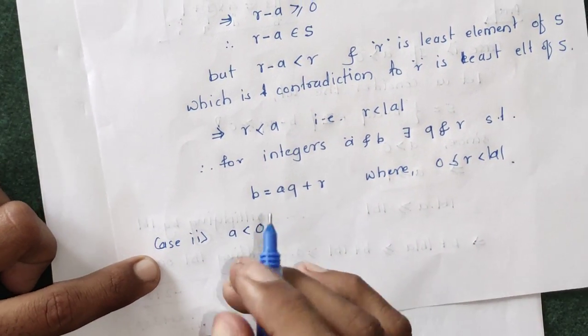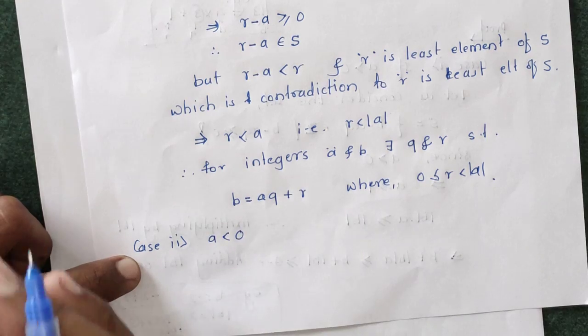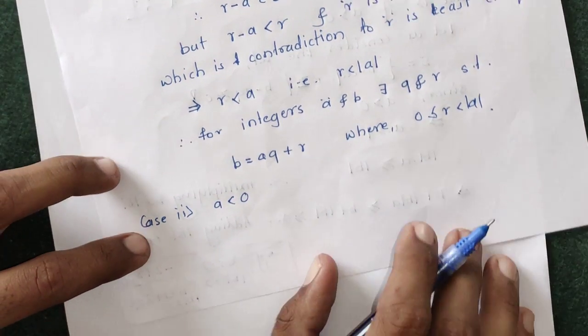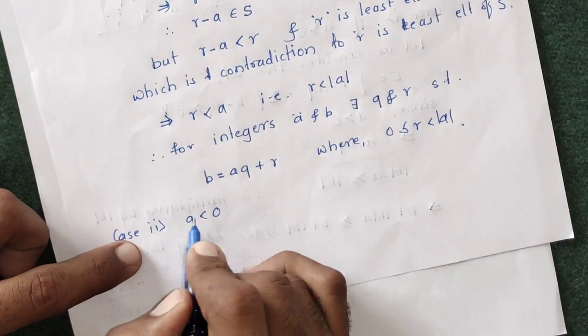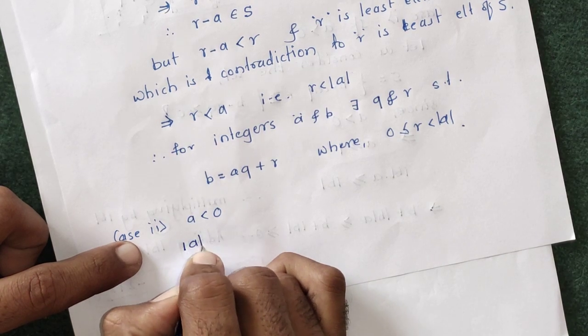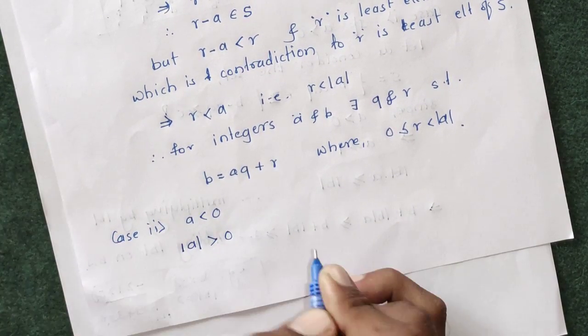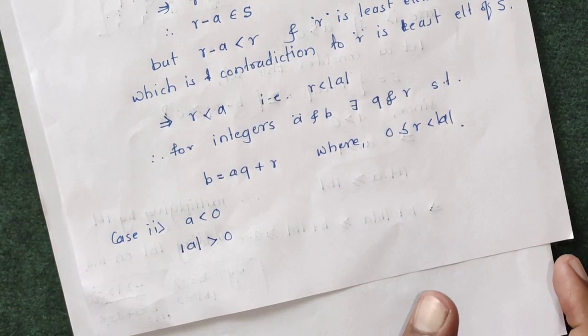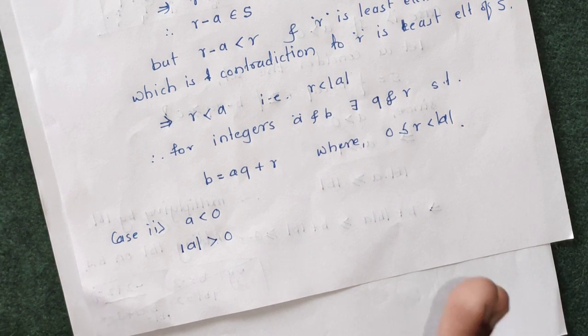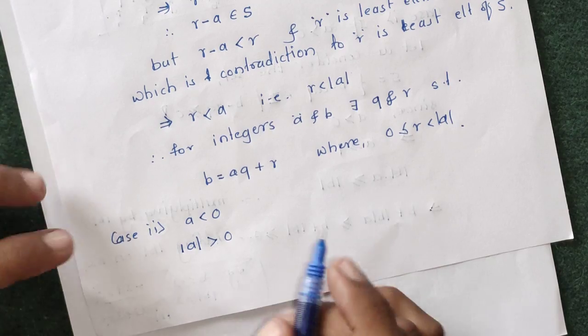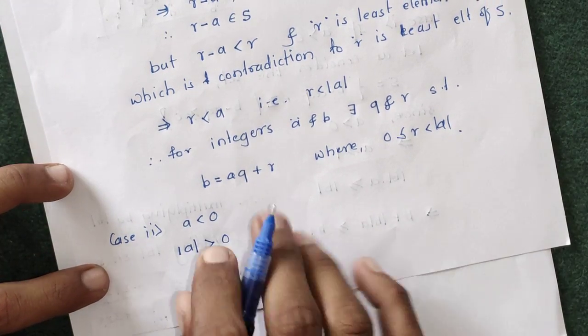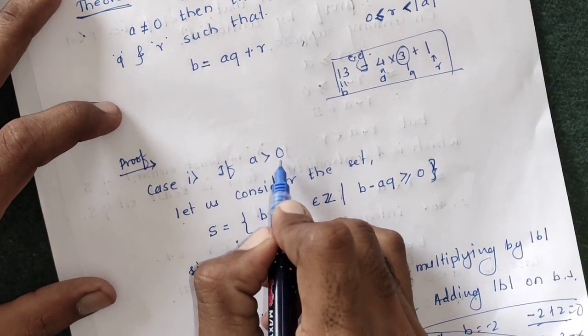Our a is less than 0, so a is of the form -1, -2, -3 and so on, any integers in between them. If a is less than 0, then mod a is greater than 0. For any negative number, if you take the modulus or absolute value, it is positive. So mod a is greater than 0. Now this looks like a greater than 0.